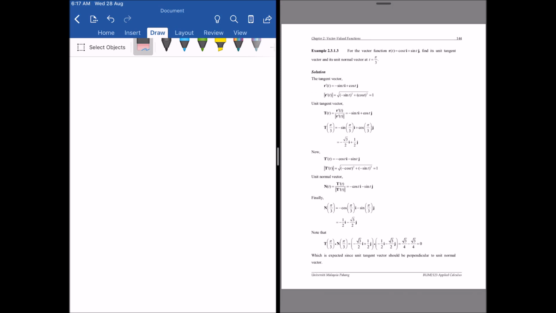Okay, let's see example 2.3.1.3. In this example, we have a vector r equals cos t i plus sin t j. The question asks you to find the unit tangent vector and unit normal vector at time t equals pi over 3. So let's solve the problem here.